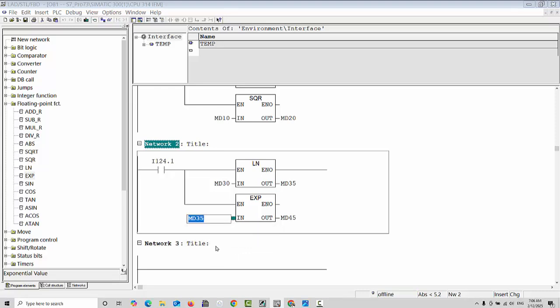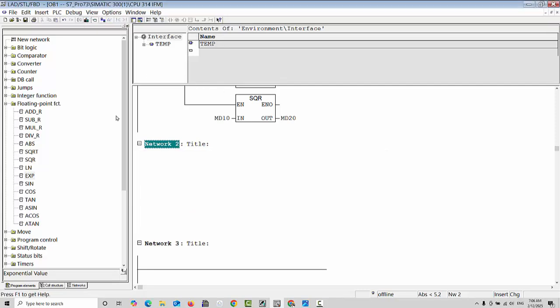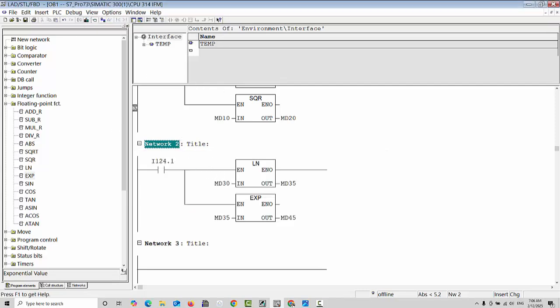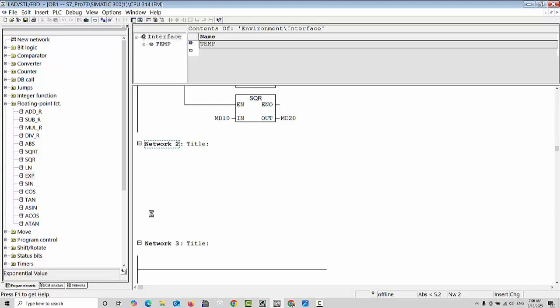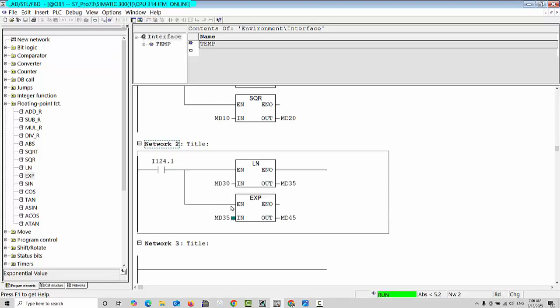MD35 we will write in the input of the exponential command, and after that we will get the answer and see how these commands work. Again download to the PLC and monitor, and you will understand better.